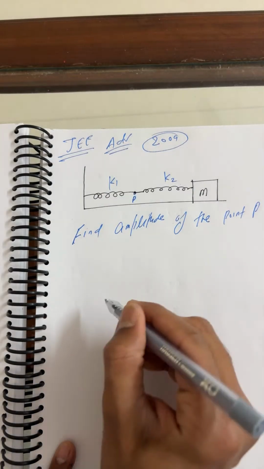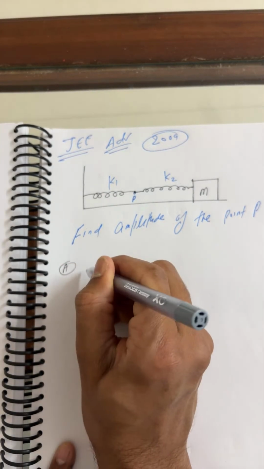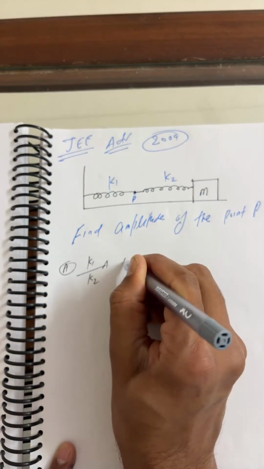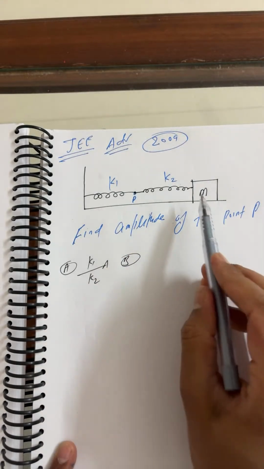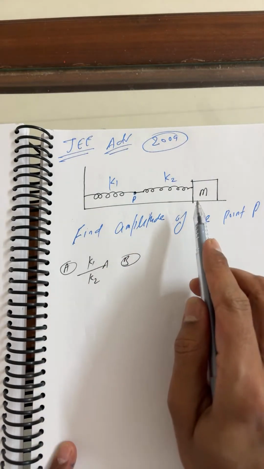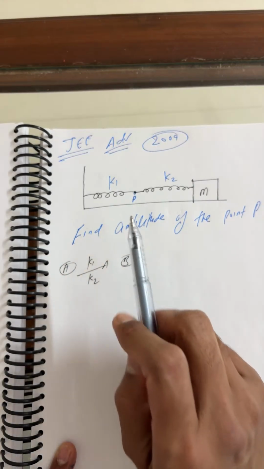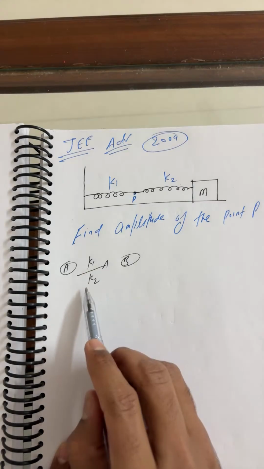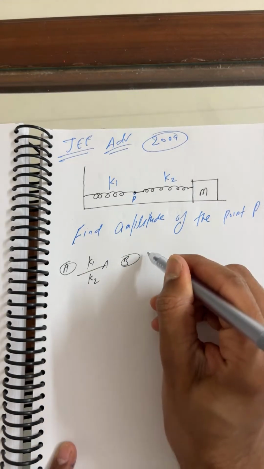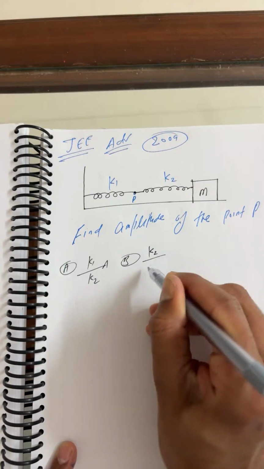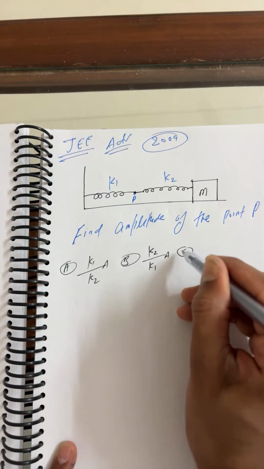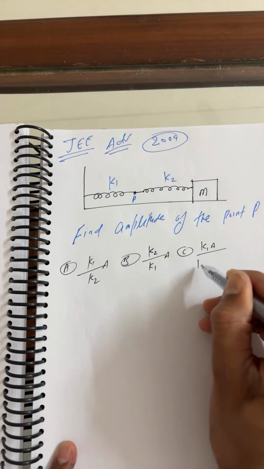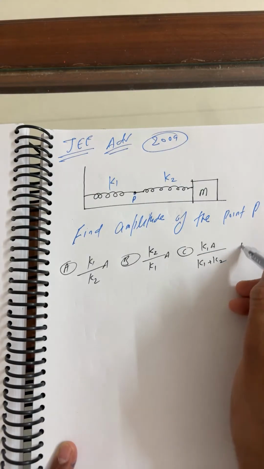Now I write the options. The first option is K1 upon K2 into A. Next, K2 by K1 into A. Next, K1 into A upon K1 plus K2.